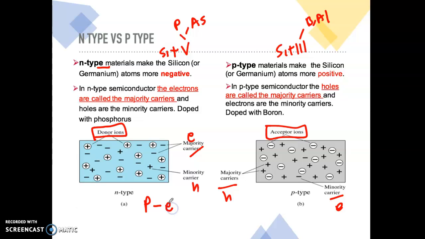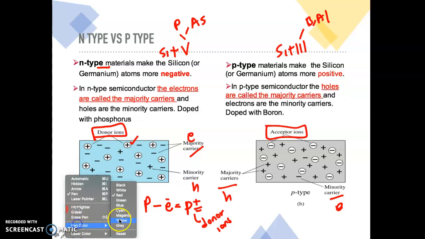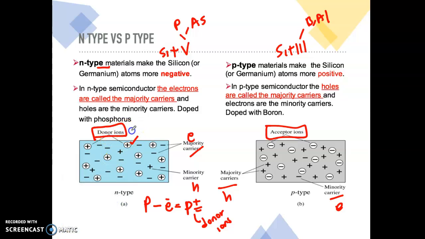Remember, donor impurities are trying to donate some electrons. When it donates, you have a charge. This charge is what we call the donor ion. The donor ion is positively charged, and it cannot move, it's static. So this is what we call a static ion.